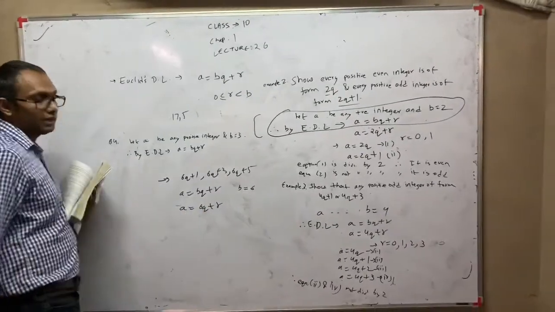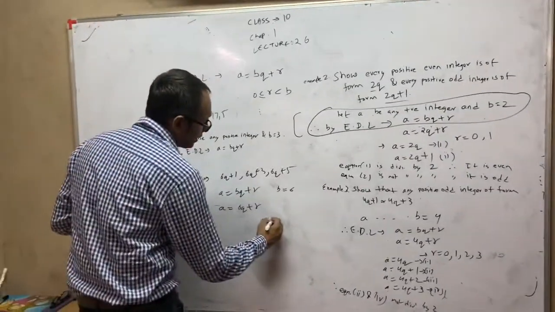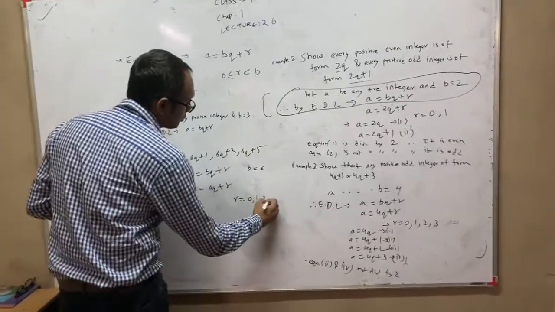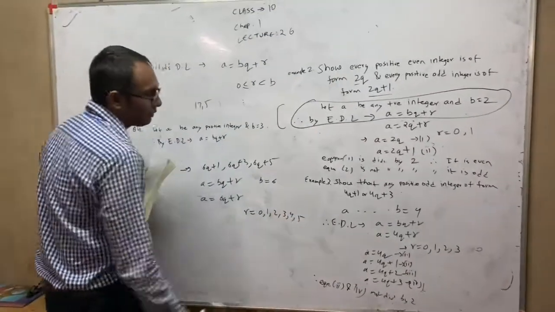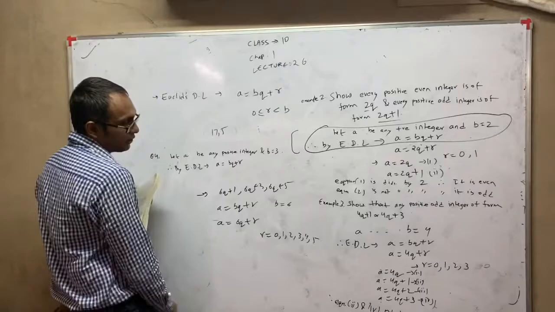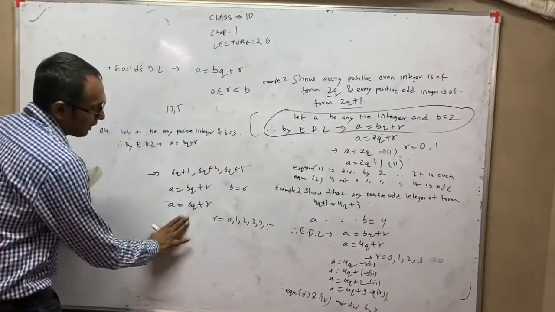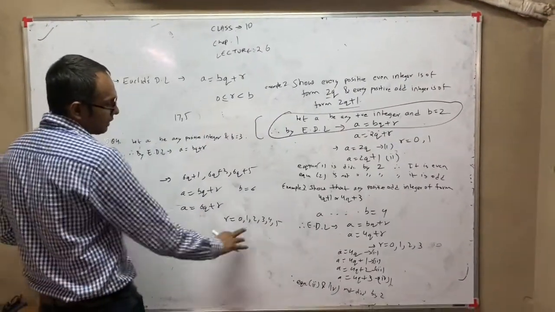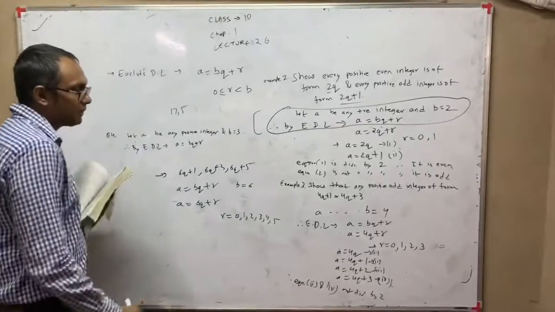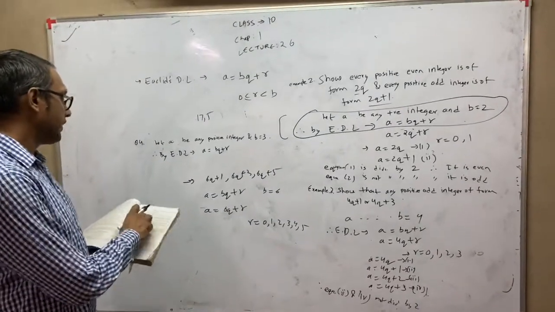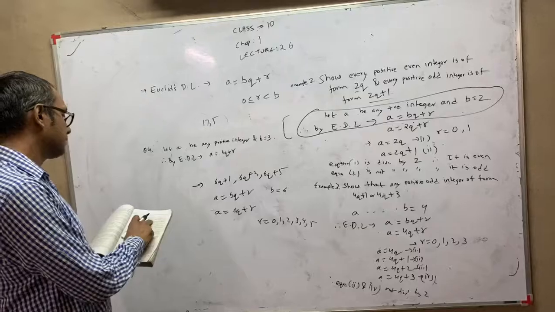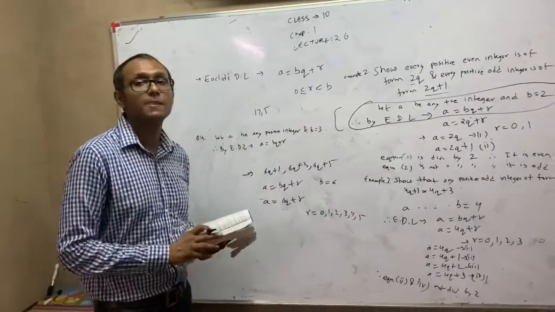What will now be the possible values of the remainder? Remainder can be 0, 1, 2, 3, 4 and 5, and once you put it here you will get 6 equations, and in that you will write that the ones which are not divisible by 2 are odd, and you will find that only these 3 will come, 6q plus 1, 6q plus 3 and 6q plus 5.